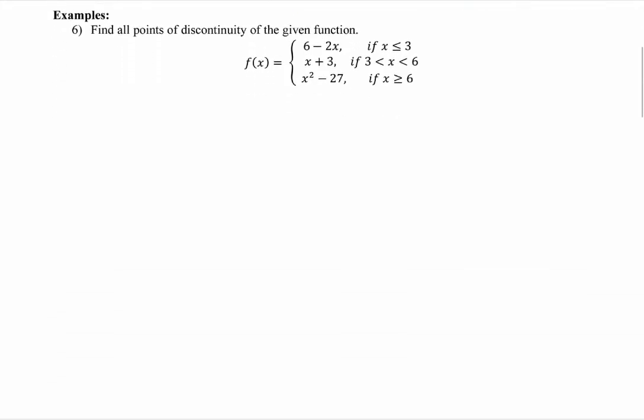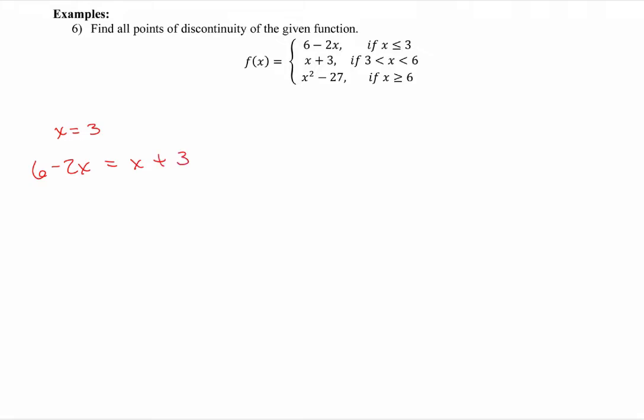Okay, so now we're going to check this piecewise defined function and see if it is discontinuous. We're going to check x equals 3, and we want to make sure that 6 minus 2x equals x plus 3 at x equals 3. I'm going to divide my paper in half so that I can work on x equals 6 over here.